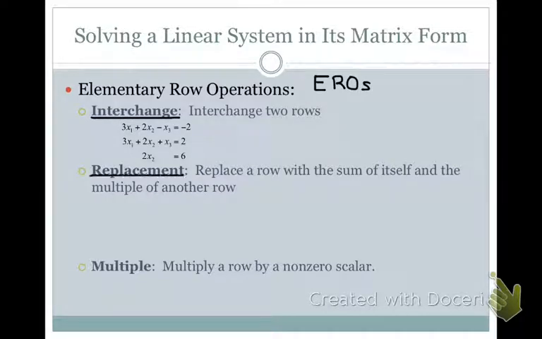One is called a row replacement, where we replace a row with the sum of itself and a multiple of another row. And the last is a row multiple, where we multiply a row by some non-zero scalar. We're going to work on this linear system; on the previous slide we wrote its augmented matrix, and we're going to perform these row operations on the matrix to see how it is transformed.